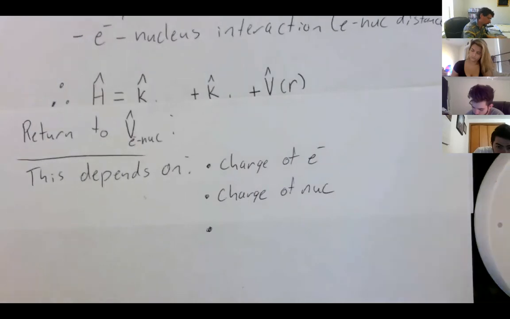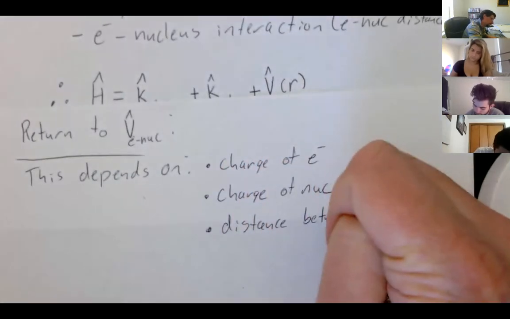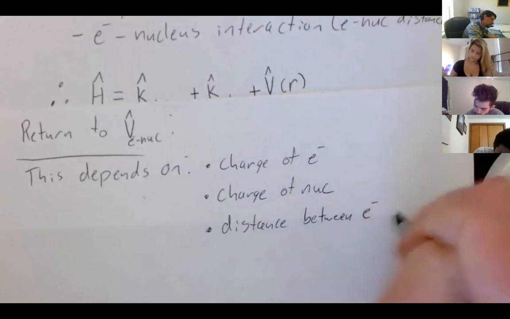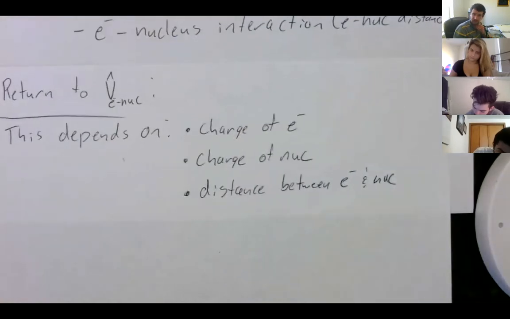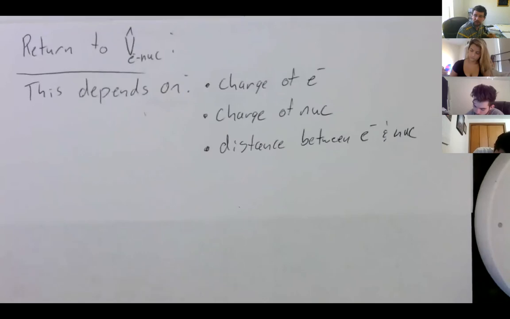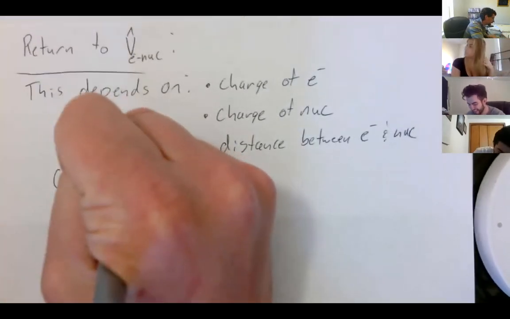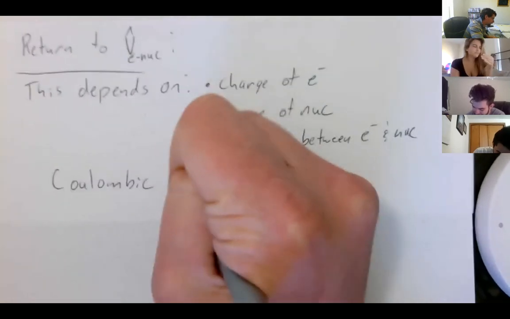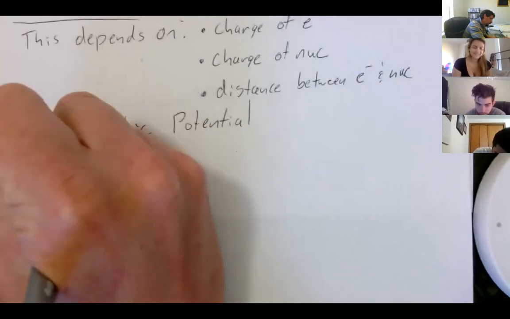Distance of the two. Yep, distance between electron and nucleus. This is a special type of potential. Do you guys know what that potential is called? Starts with a C. Coulombic potential. Yep, Coulombic potential.